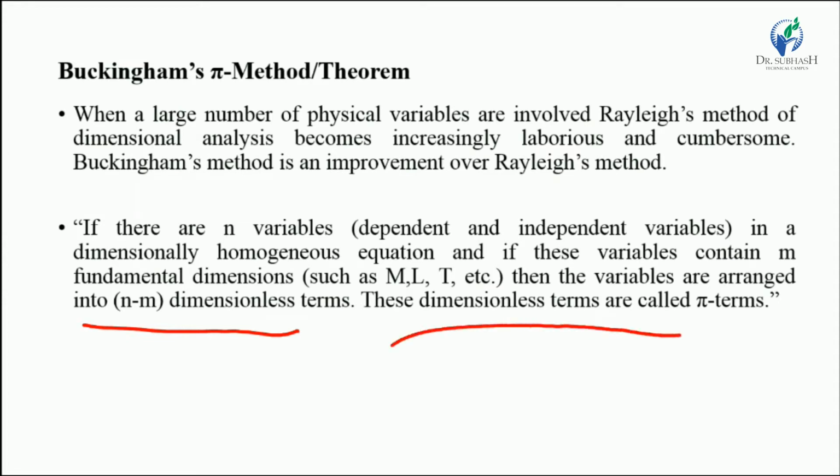These dimensionless terms are called Π terms. From the Π terms we can find the arbitrary powers, and then we have to find the relational equation.